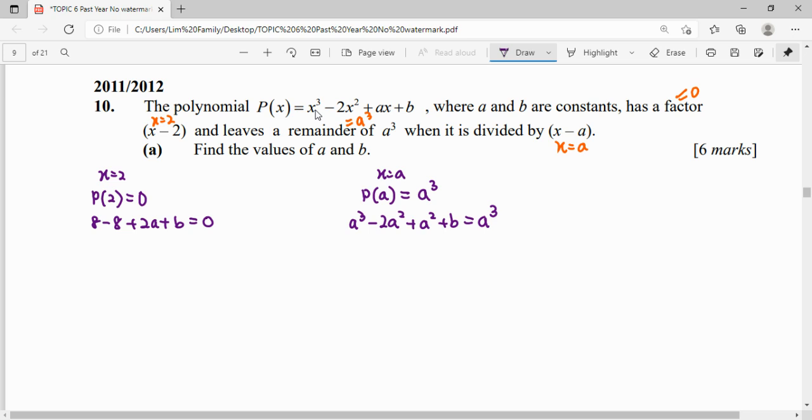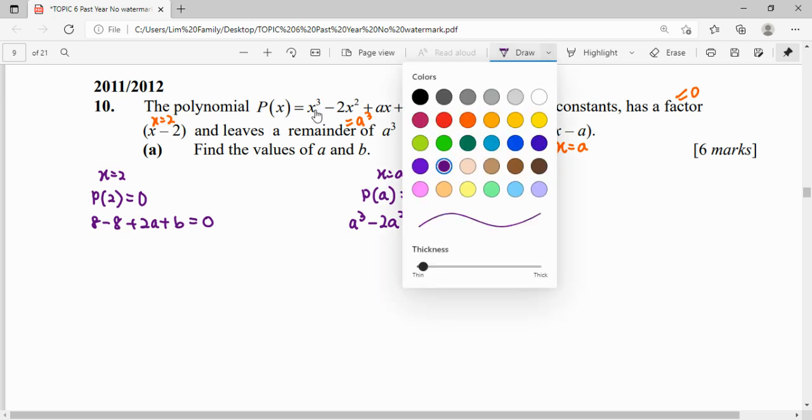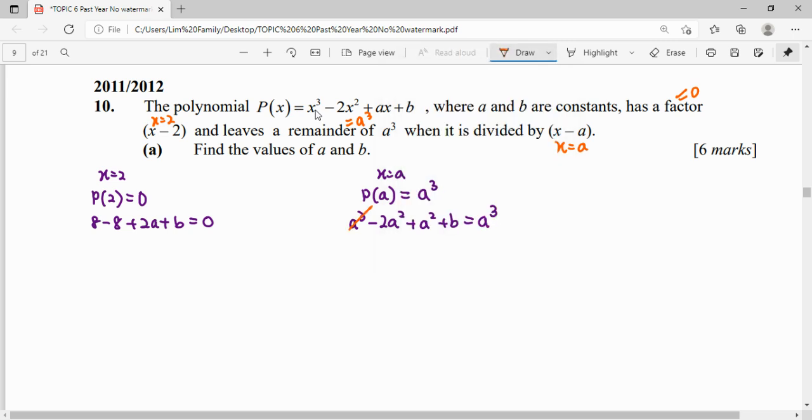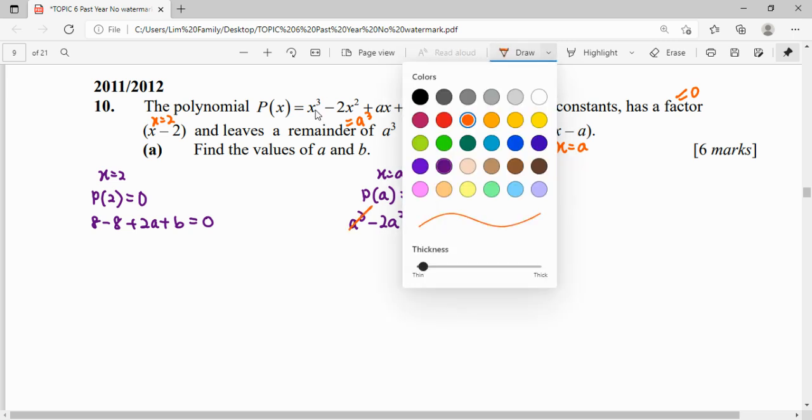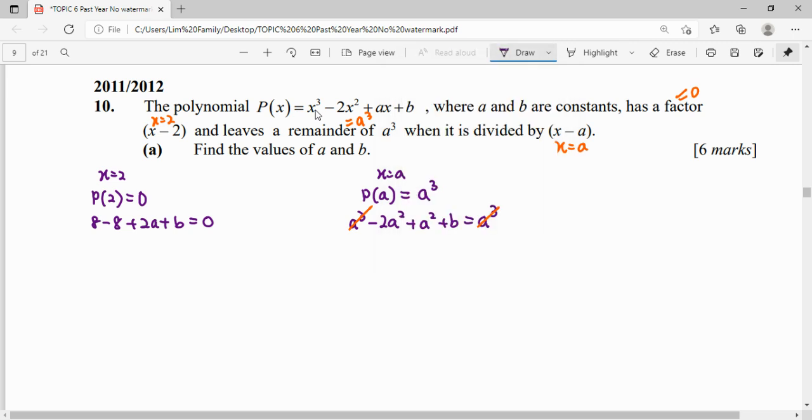Notice here, we can simplify the a cubed, and then we get negative 2a squared plus a squared, which we can also simplify. We get negative a squared plus b equals 0. So this will be our second piece of information.